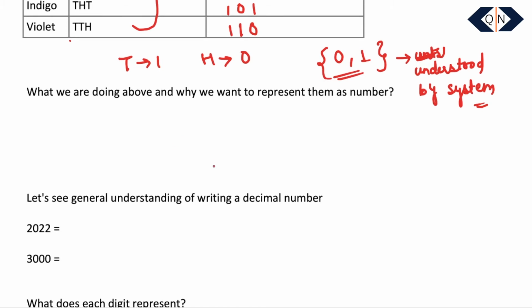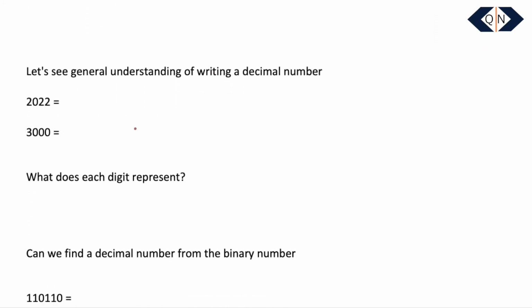Okay, now I want to check a general understanding of writing a decimal number. Suppose we talk about this year, 2022. What is your general assumption for writing this decimal number? Let's write it separately: 2 0 2 2.